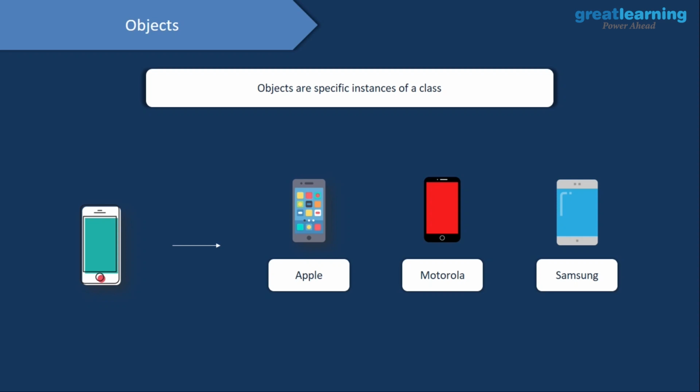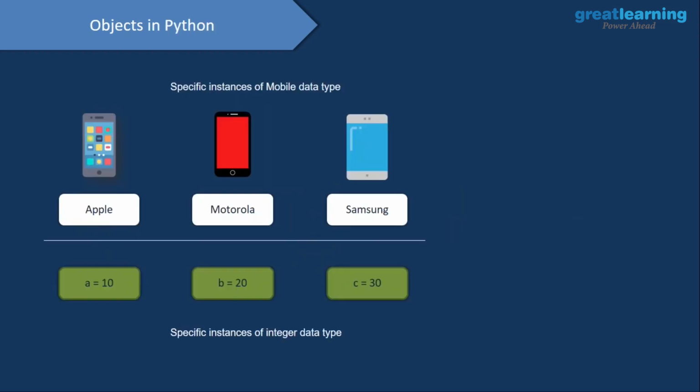Now that this is clear, let's understand the next component of object-oriented programming, which is the object. We already know what a class is. An object is nothing but a specific instance of a class. When we have a mobile class, the specific instances of this mobile are Apple, Motorola, and Samsung. So Apple, Motorola, and Samsung would be objects of this class, phone or mobile.